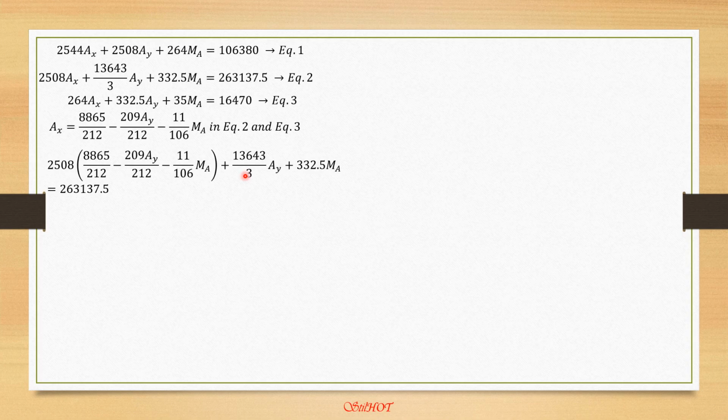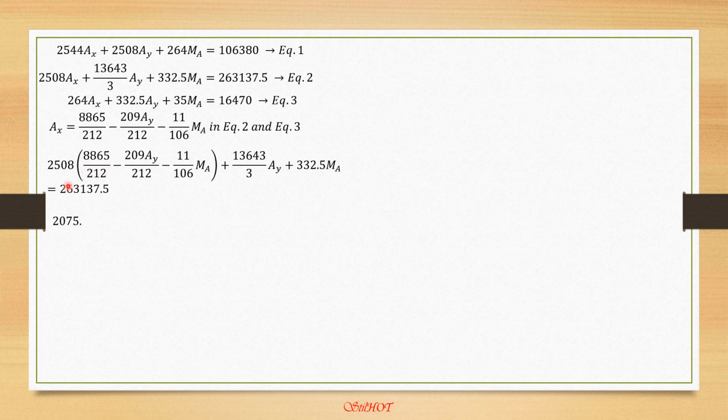Then for MA, negative 2508 times negative 11 over 106 MA plus 332.5. Then we'll have to combine the result. Then for the constant, 263137.5 minus 2508 times 8865 over 212, because if we move this to the right side of the equation, it becomes negative.